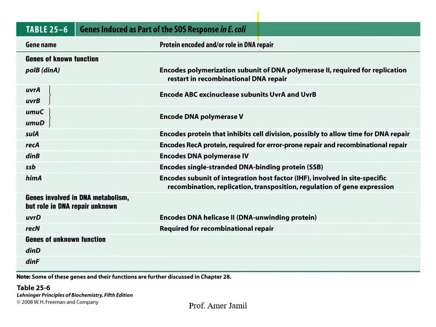Here multiple genes are induced all at once, and these genes correspond to certain proteins, like DNA polymerase 5, ABC, XC nuclease, Rec A protein, and DNA polymerase 4. All these proteins are required to save the DNA from damage.